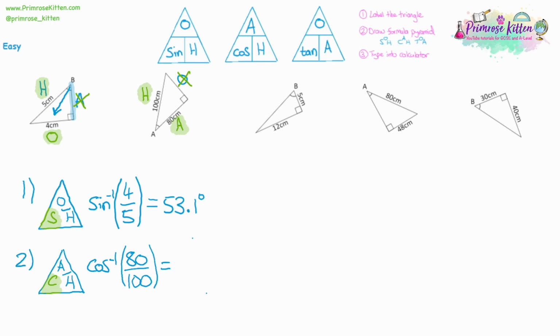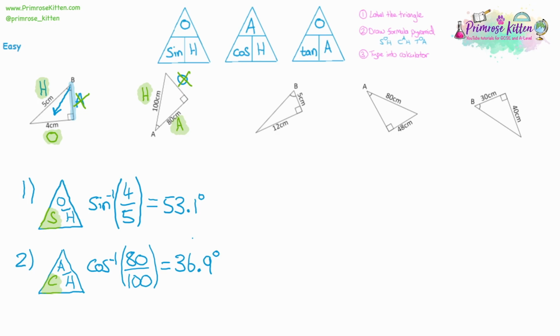Then you press the cos button. Cos -1 should appear on the screen. Make sure that 80 divided by 100 are typed in and they're contained in brackets, a bracket at the start and end. And if you type that all in correctly, you should get 36.9 degrees. And I just want you to notice, as complicated as trigonometry questions can be, think about what you're actually doing.